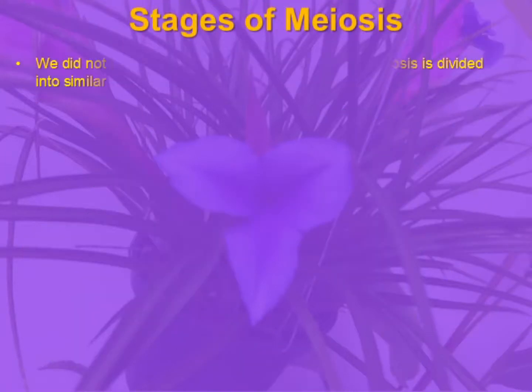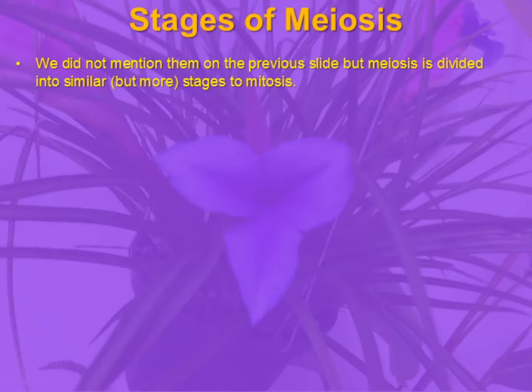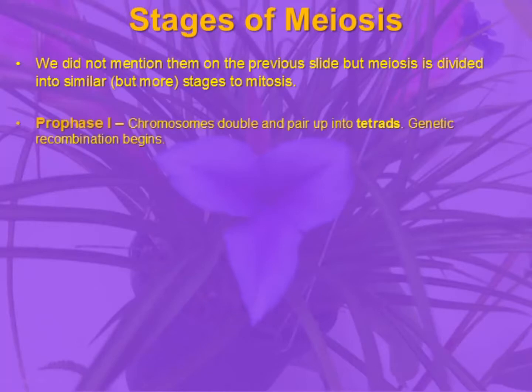Let's briefly cover the stages of meiosis. We didn't talk about them before, but they're all similar to the ones you know. Prophase 1 is when chromosomes double, and they also pair up into tetrads, so 2 pairs of chromatids is 4 chromatids. Tetra is a prefix meaning 4. Genetic recombination starts here, which is when the genetic material is swapped between chromosomes.